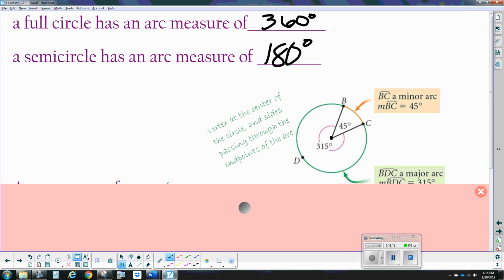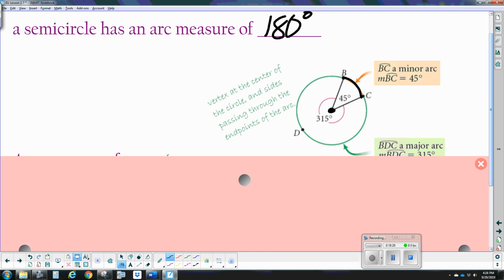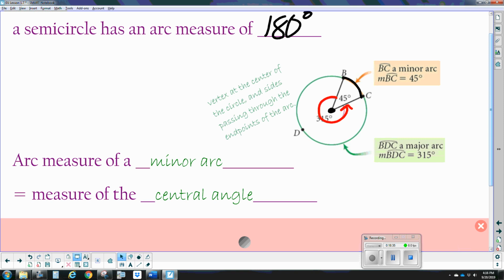The vertex, when we're talking about a central angle, the vertex is going to be the center of the circle. And the shortest distance between those points, or the shortest degree rotation between those two sides, would be a minor arc. And the larger rotation between the two sides would be the reflex angle. So if you remember that from the first unit.